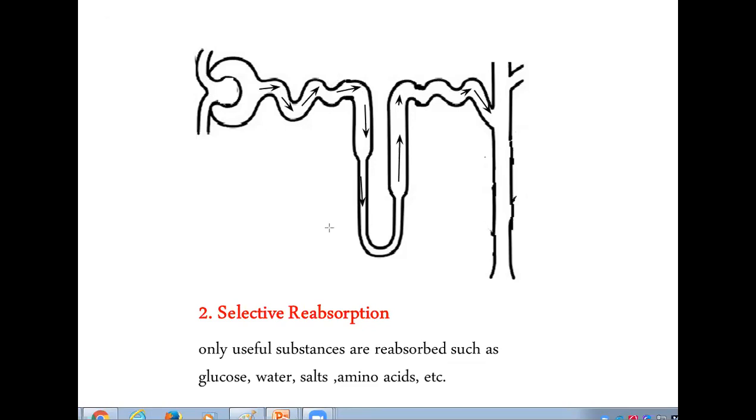After pressure filtration, the glomerulus filtrate will move along the renal tubule. As we know, this renal tubule part of the nephron is surrounded by blood capillaries.